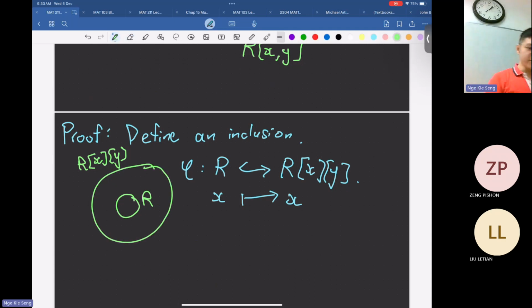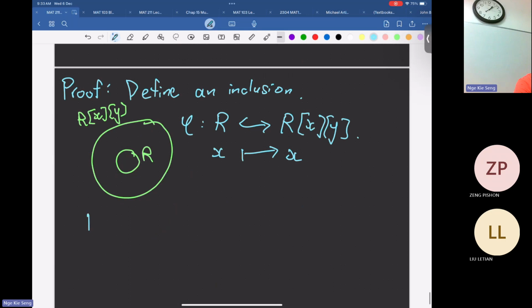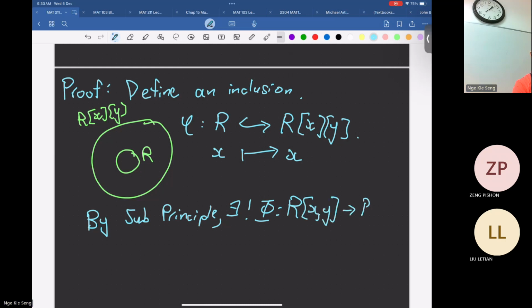Okay, let's continue. So we definitely have this inclusion of rings already. Then what can we do by the substitution principle? What should we do? We just do the really obvious thing.